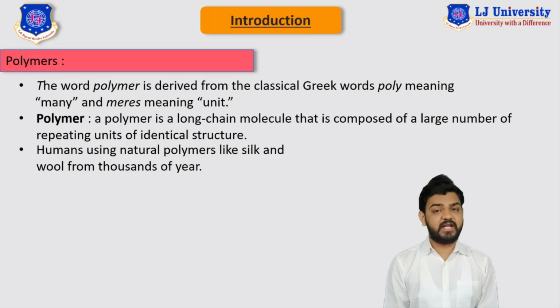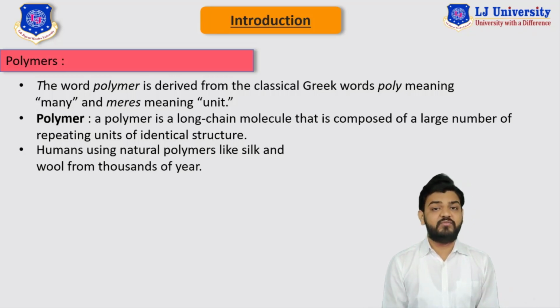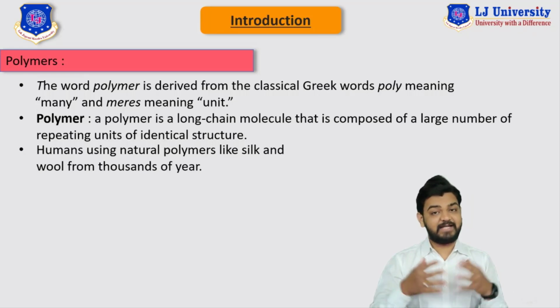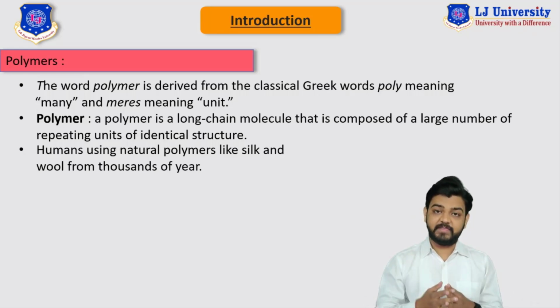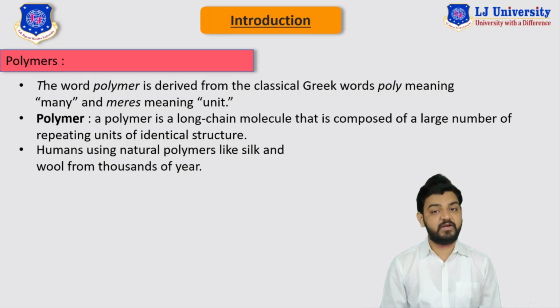Here on the screen, you can see the definition: a polymer is a long chain molecule that is composed of a large number of repeating units of identical structure. So we can say that polymers are the combination of tiny monomers that combine together and form a long chain of a complex structure that we refer to as the polymer.